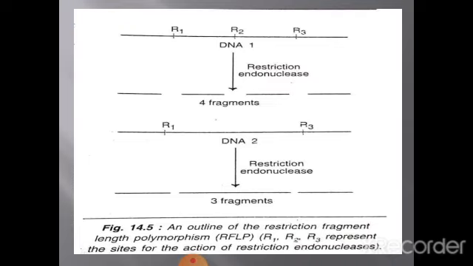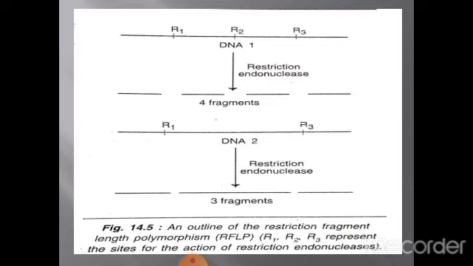Let us consider that this DNA molecule 2 has an inherited mutation, a genetic change, and therefore some base pairs are altered. As a consequence, the restriction site R2 is lost. So when you compare the products of DNA 1 and DNA 2, you can say that there is a mutation in DNA molecule 2. This is exactly what is done in RFLP. This is how the analysis is done.